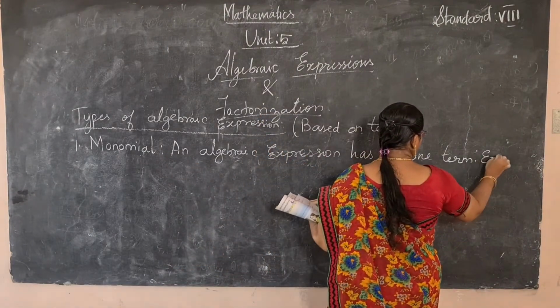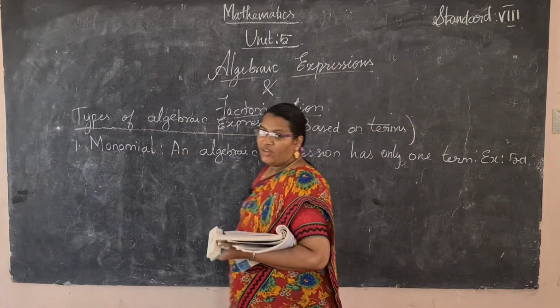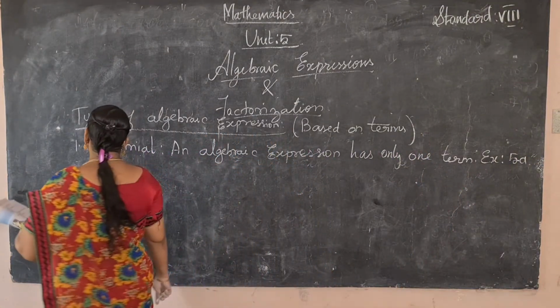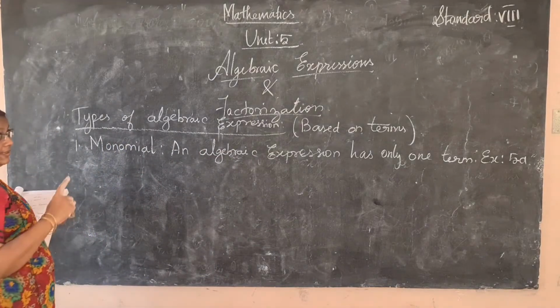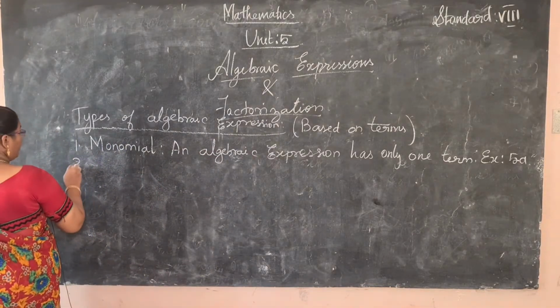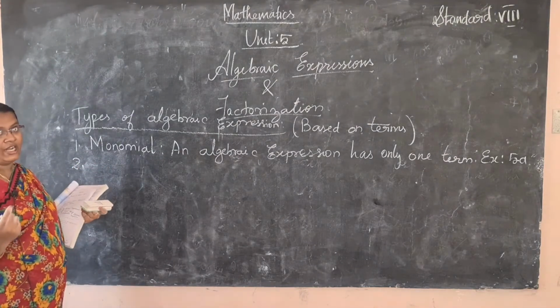Example: 5a or 6a are monomials. This is based on the terms, and it is very important. Based on the degree, there are different names.